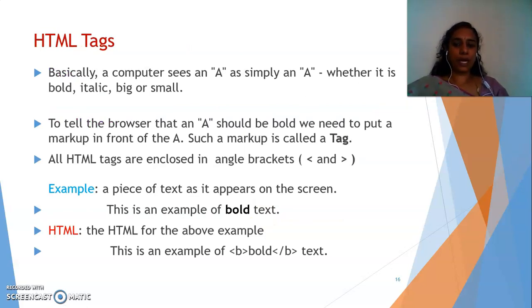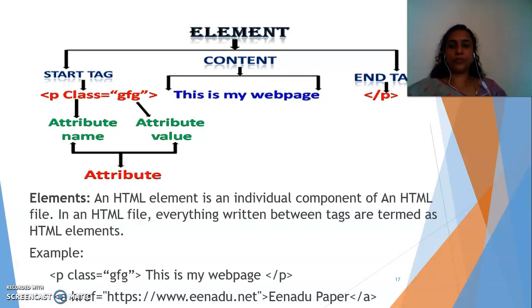Suppose you want some text to be printed in bold. Okay, so there is a tag called the bold tag. Let's see the last line with an example, that is bold. B stands for bold. So now the word bold is going to be printed in bold on the browser or the web page.